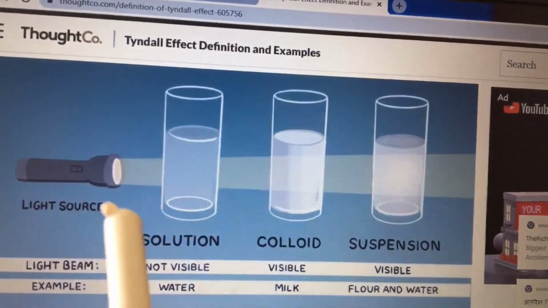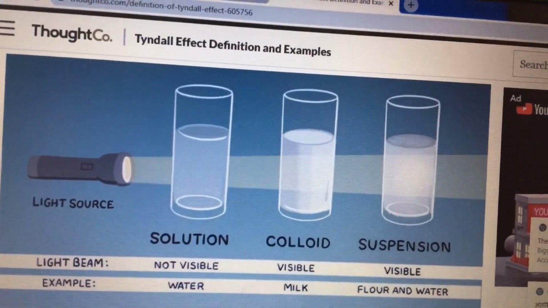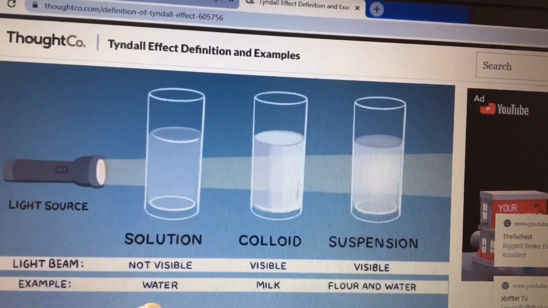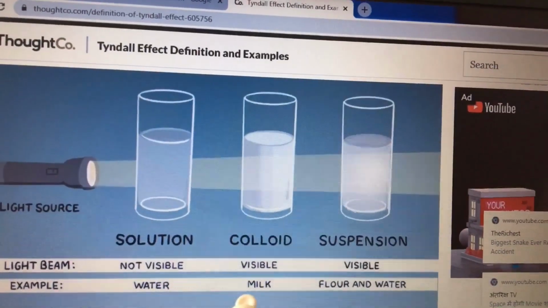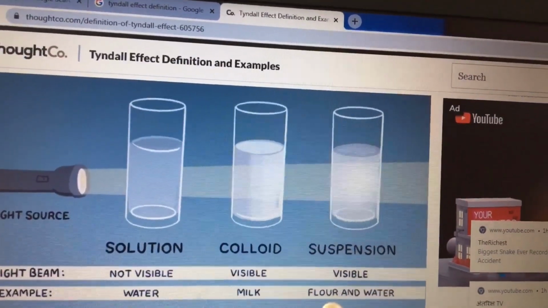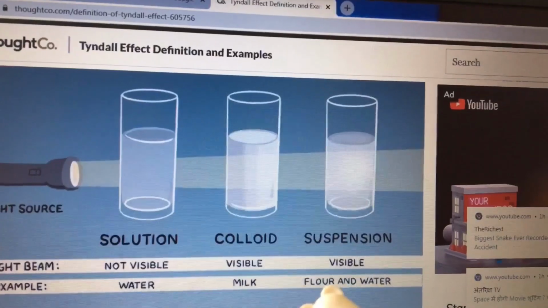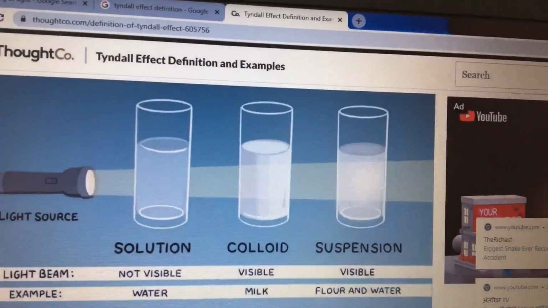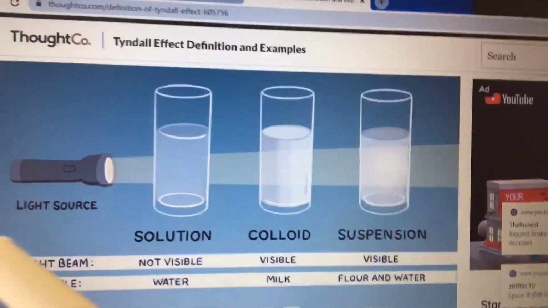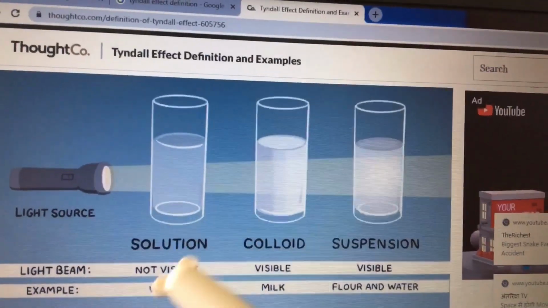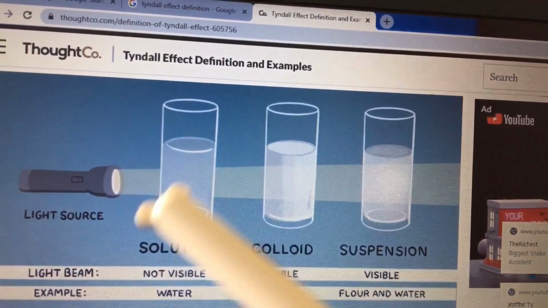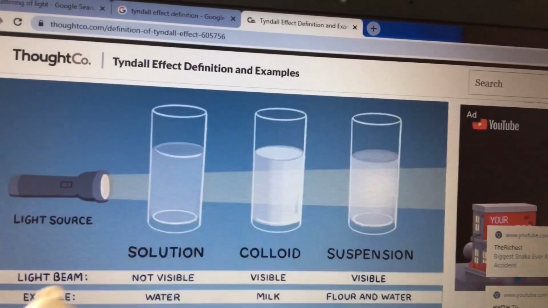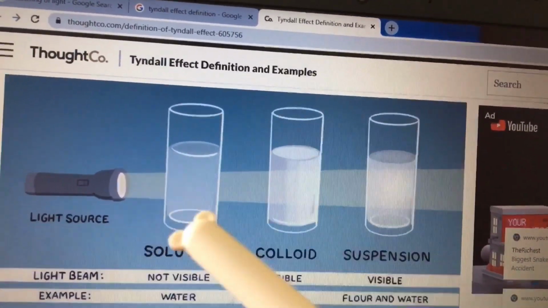Let's assume here the light source is a torchlight. For a solution, an example is water. For a colloid, an example is milk. For a suspension, an example is flour mixed with water. These are placed in glasses. When a torchlight is flashed on a glass of water, the light beam is not visible at all.